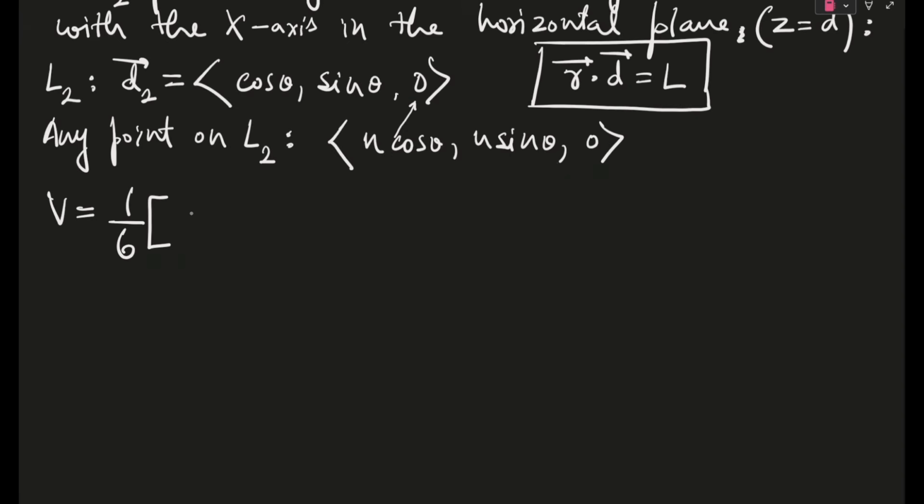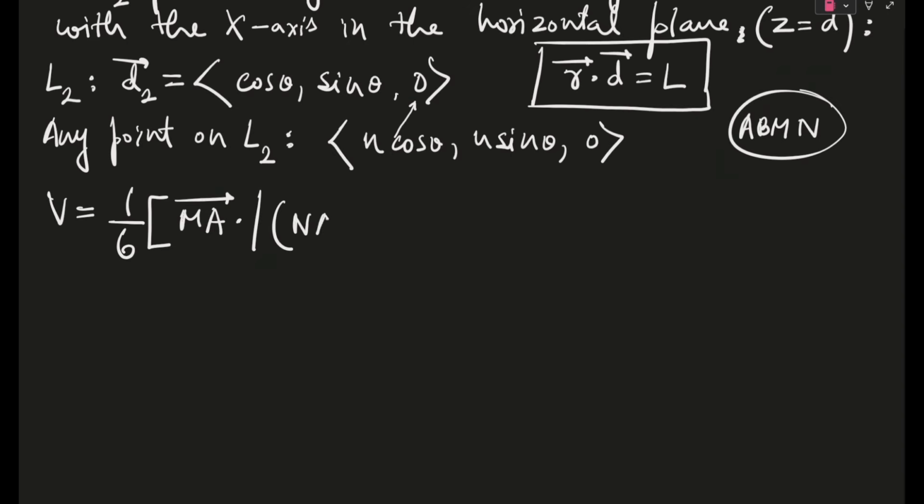It is the STP, scalar triple product. Now the question is for which vectors. Our tetrahedron was ABMN, so the vectors will be MA vector dot with NA vector cross BA vector.